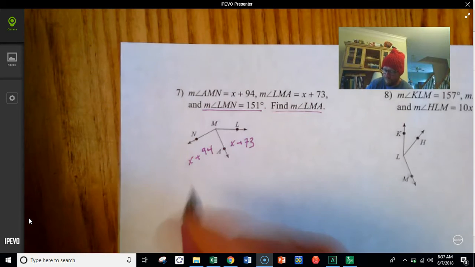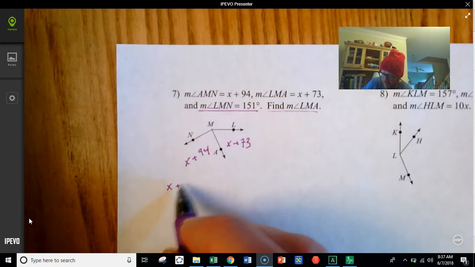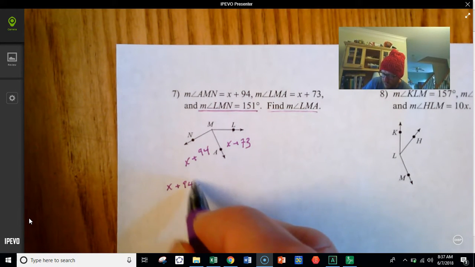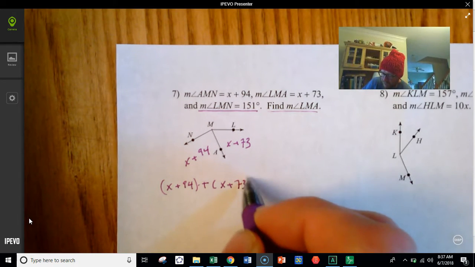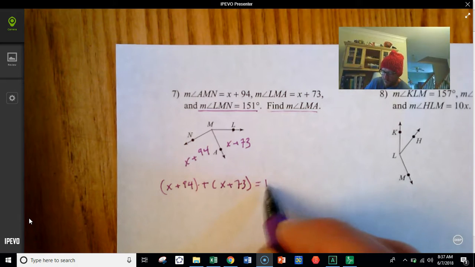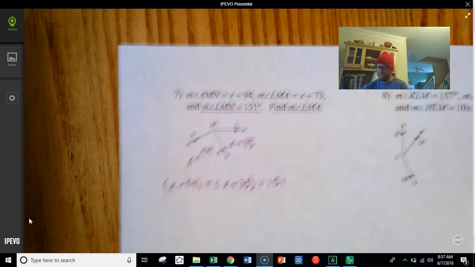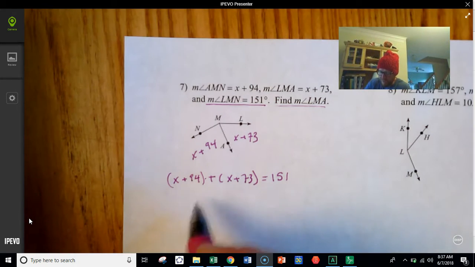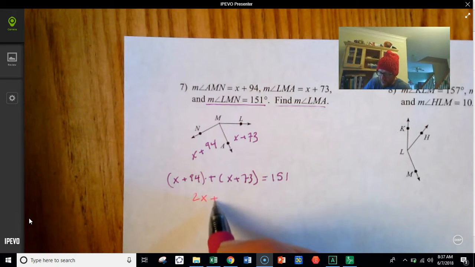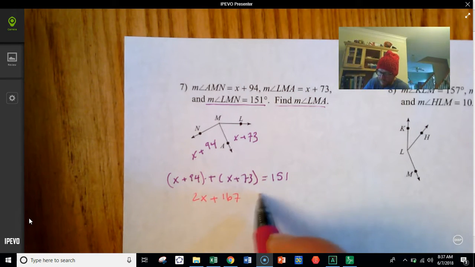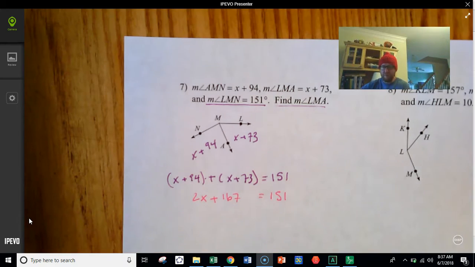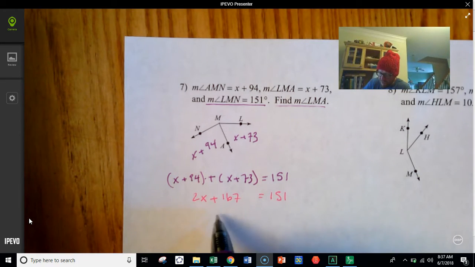So we say that x plus 94 plus x plus 73 equals 151. We'll combine like terms. We've got two x's, and 94 and 73 is 167, equals 151. We're going to subtract 167 from both sides.